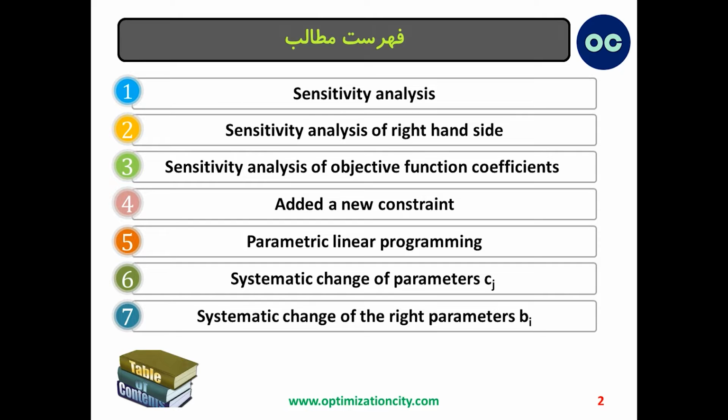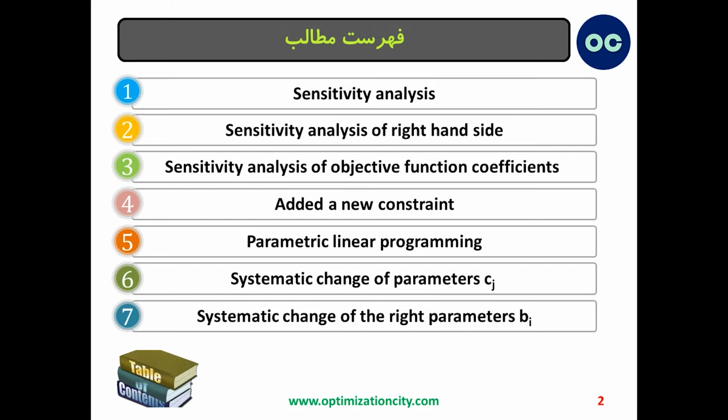Next, we will explore the effect of adding a constraint to an optimization model. We will learn how the feasible region and optimal solution change when a new requirement or constraint is added. Lastly, we go into parametric linear programming, where we systematically modify parameter values and observe their influence on the optimal solution.